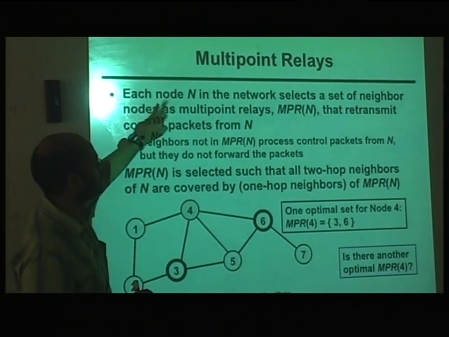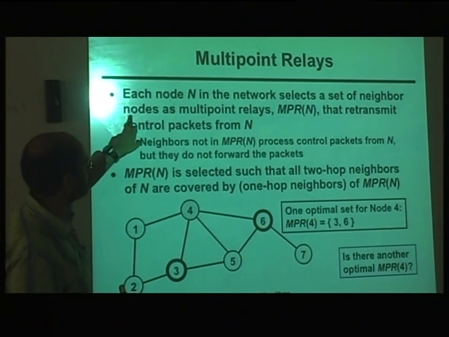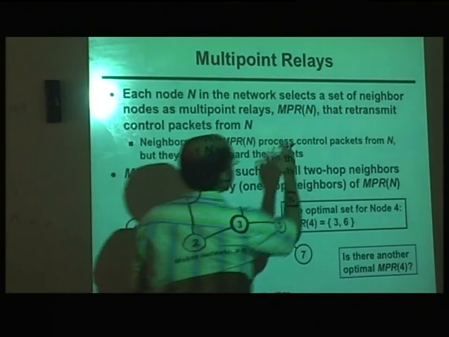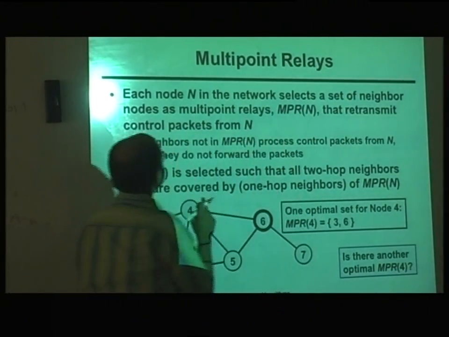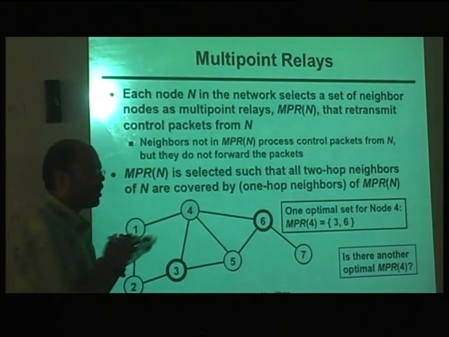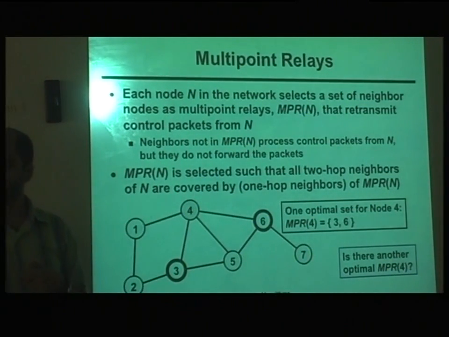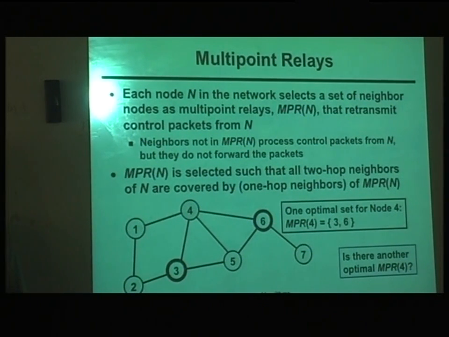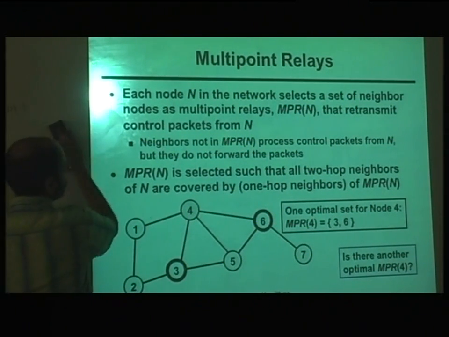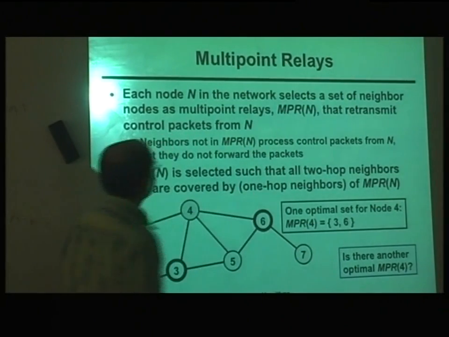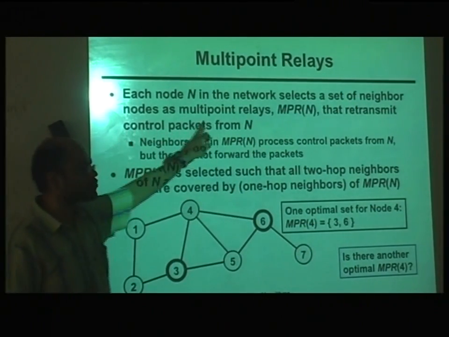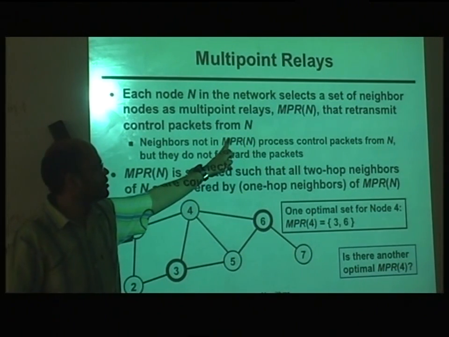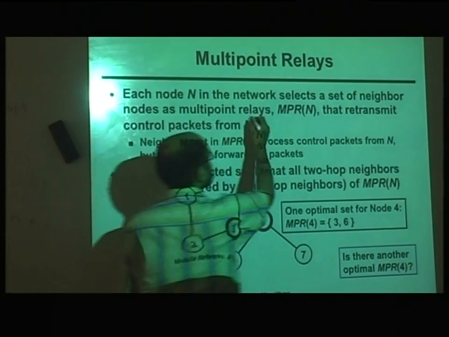Each node n in the network selects a set of neighbors as multipoint relays, which is called the MPR of n. Here n is not all the nodes, it's one node. Typically n means the number of nodes, but now we are identifying one node, which is the MPR of n, that transmits control packets from n. So can you tell me now the relation between this and this?